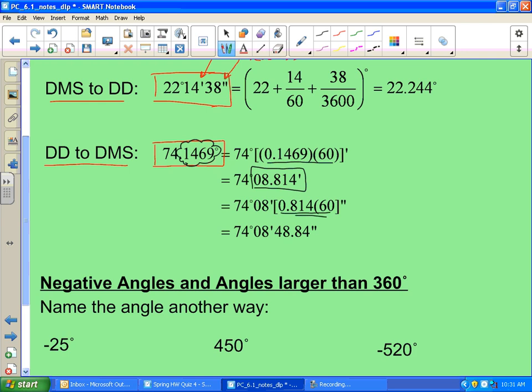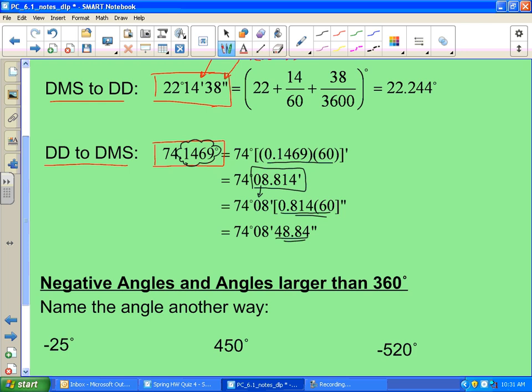And this is now taking me into the seconds. You notice the 8 part becomes the minutes. 74 degrees, 8 minutes. And then the 0.814 times 60, I get this new number, 48.84. And we leave that as the number of seconds.